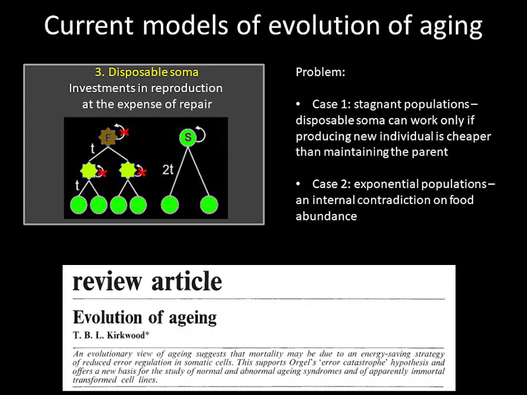In case 1, population numbers are stagnant, right? So to keep my representation in the genetic pool, if I age, I need to produce another individual with my genome. And in this case, producing another individual should be cheaper than maintaining my body, which somehow contradicts the basic laws of conservation.